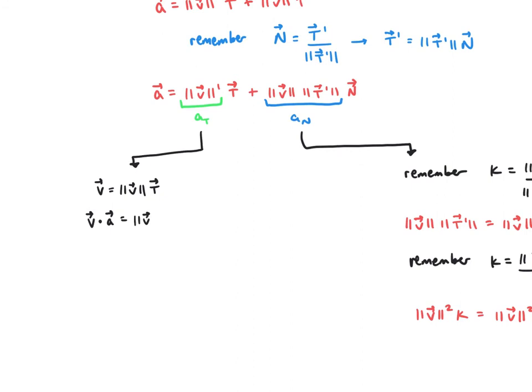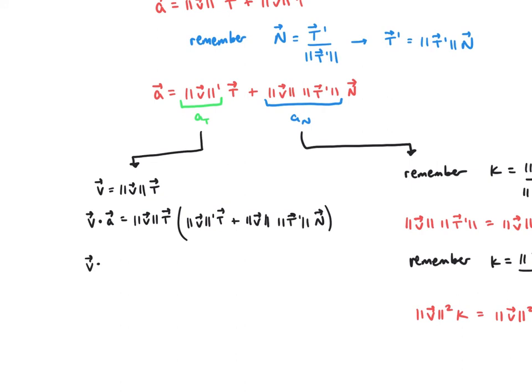Instead of acceleration, I'm going to use the equivalent formula where we started with acceleration right here. So I'm multiplying both sides by acceleration. And I have the magnitude of V and its derivative multiplied by T plus the magnitude of V squared times the magnitude of T prime and then the vector N.